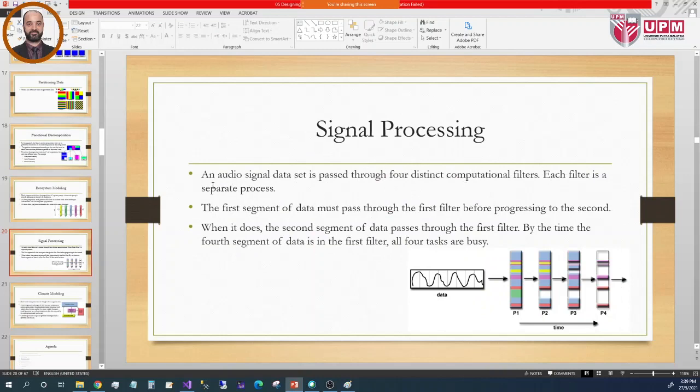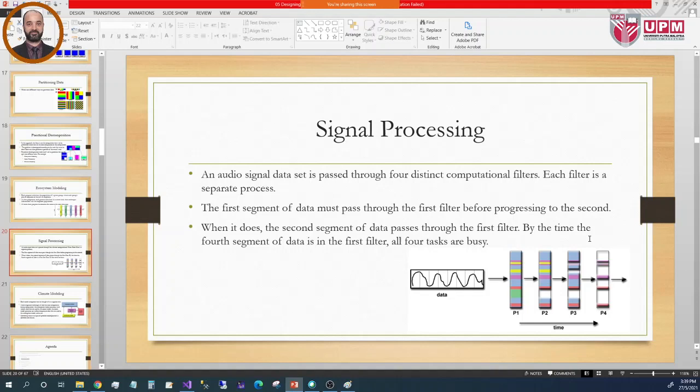Signal processing here, they say an audio signal data set passed through 4 distinct computational filters. So let's say when we receive a signal, maybe for radio, or audio, or whatever, we have to take that signal and give it to 4 different filters.